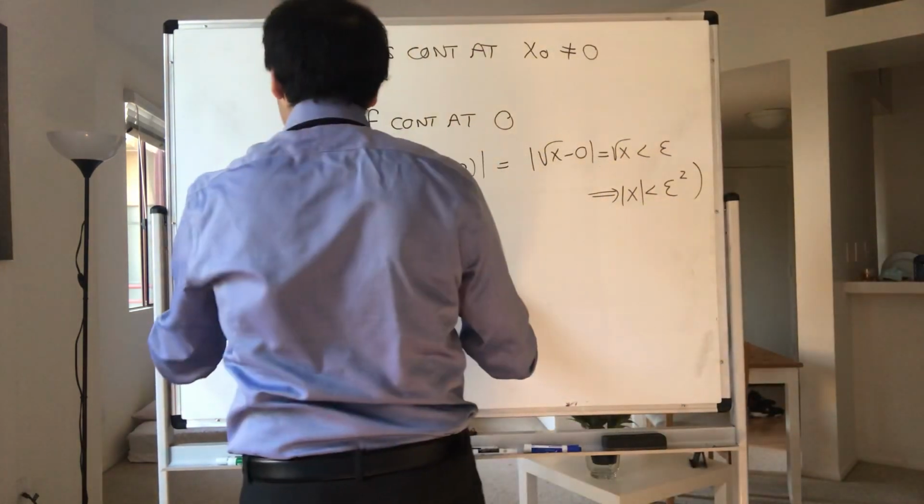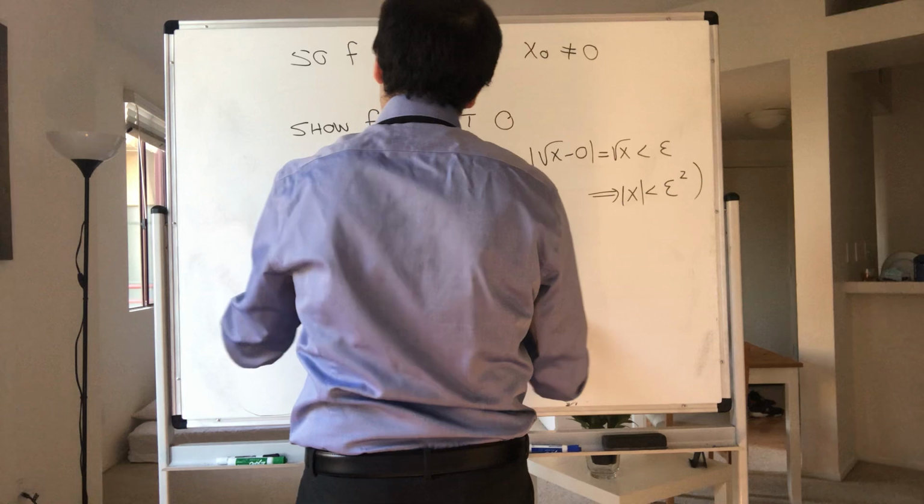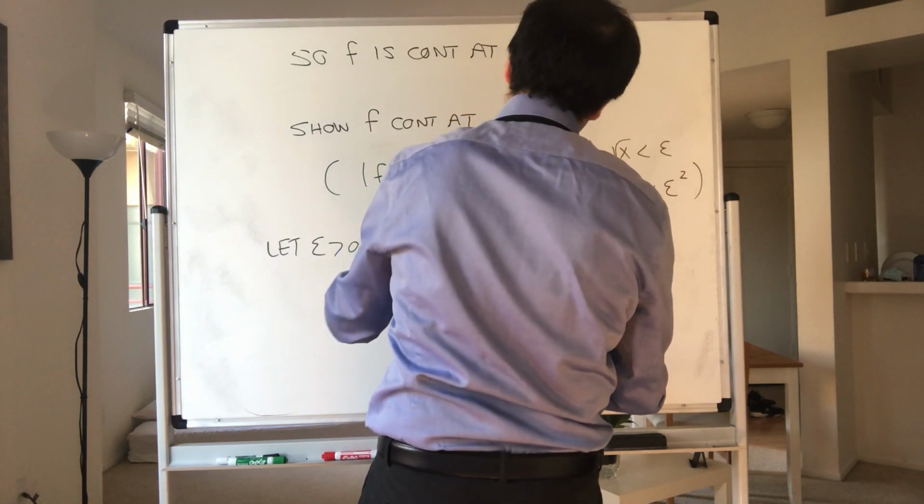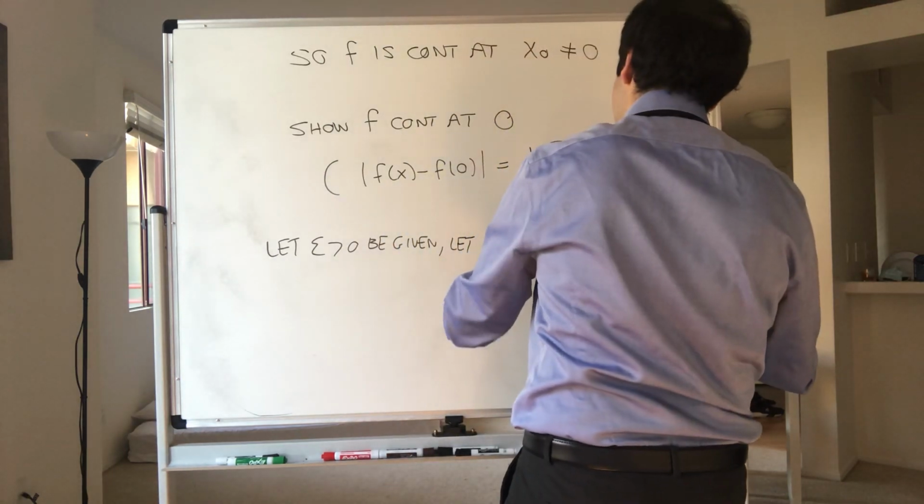So now let epsilon be given, let delta be epsilon squared.